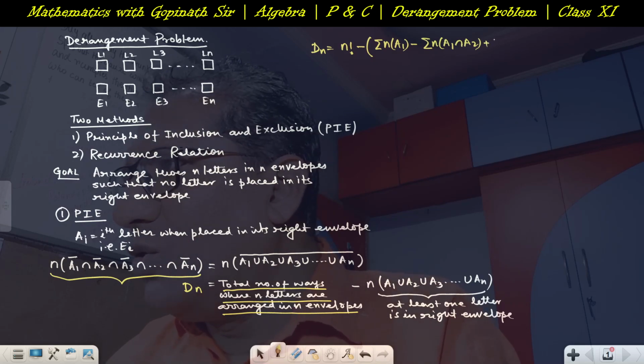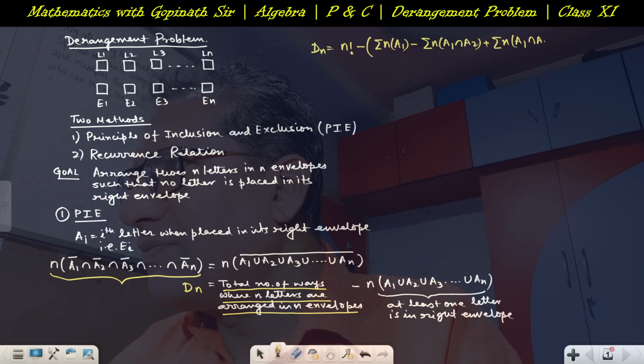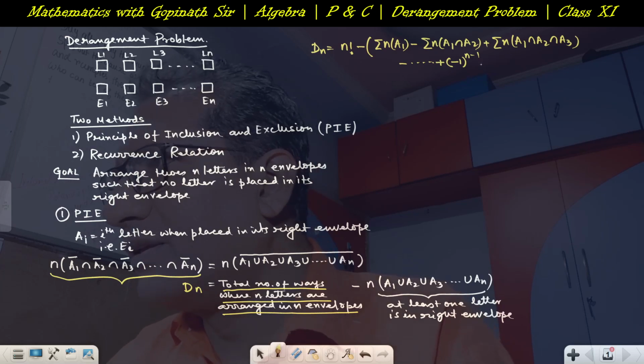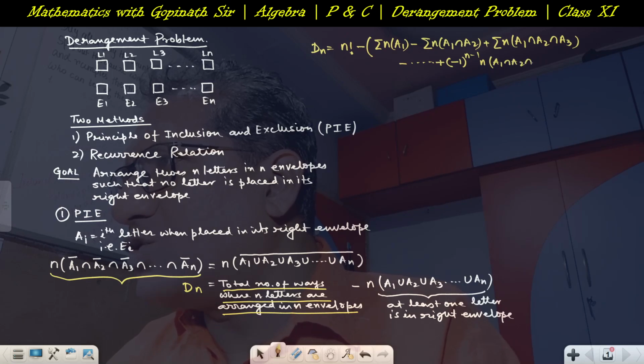Then we are including three letters taken at a time, and so on. Is it clear? So the last one will be, you see the sign alternates, so let me write (-1) to the power n minus 1 into n of A1 intersection A2 intersection A3 intersection so on intersection An.